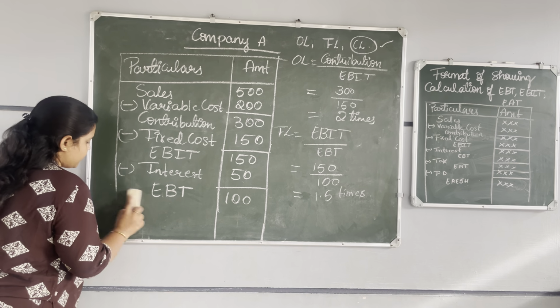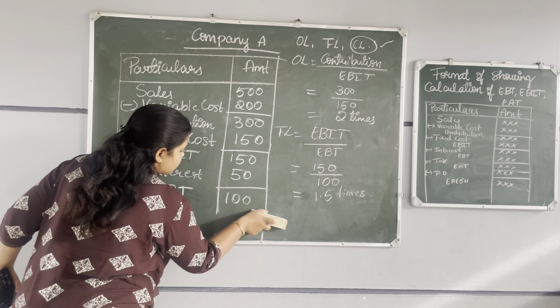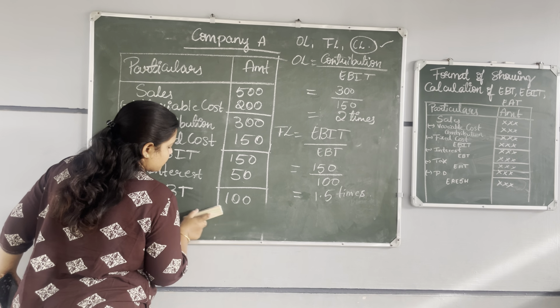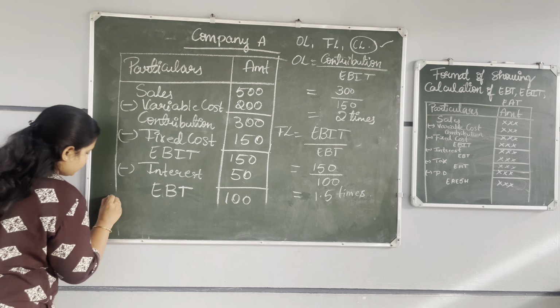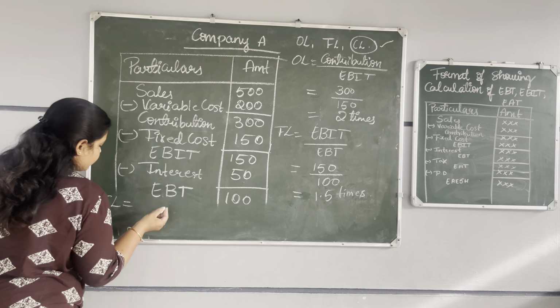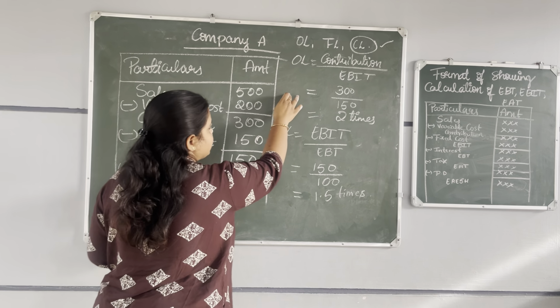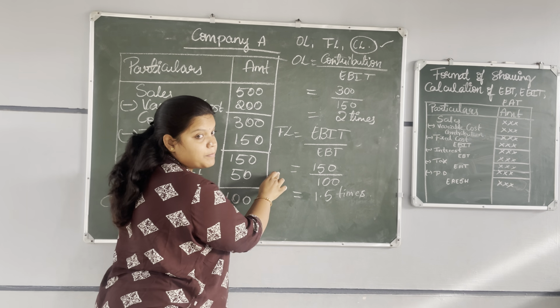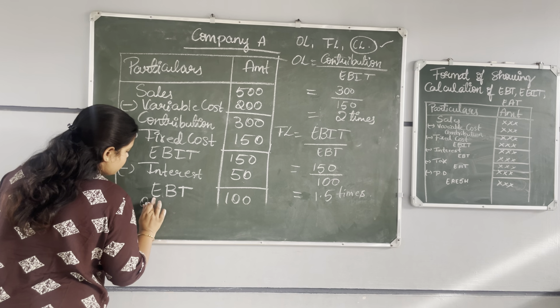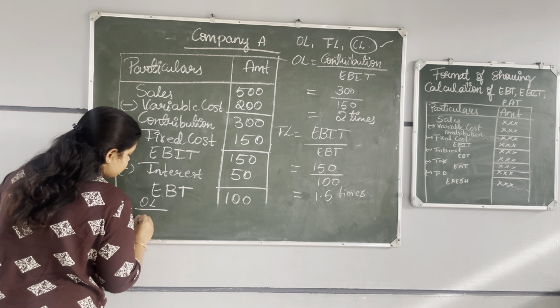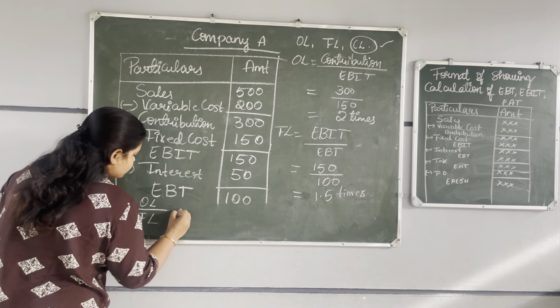I'll just erase this, not all the amounts, and write here. For combined leverages, the formula is operating leverages divided by financial leverages.